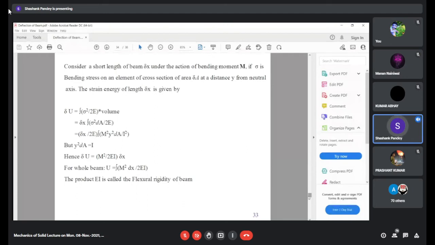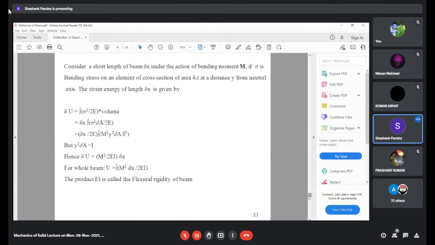The integral of y square dA is nothing but the moment of inertia. In short, we can write the expression for the strain energy as U is equal to M square dx upon 2EI, where M is the moment.